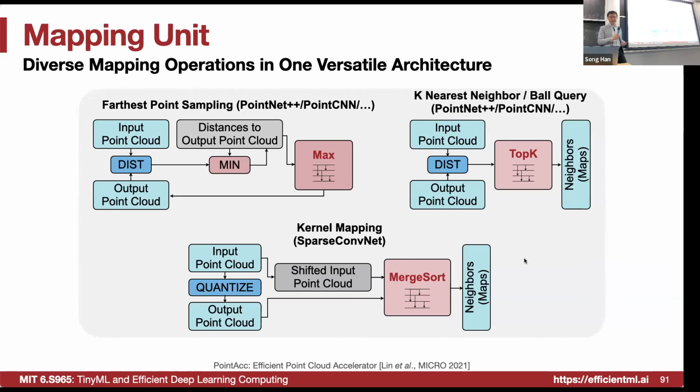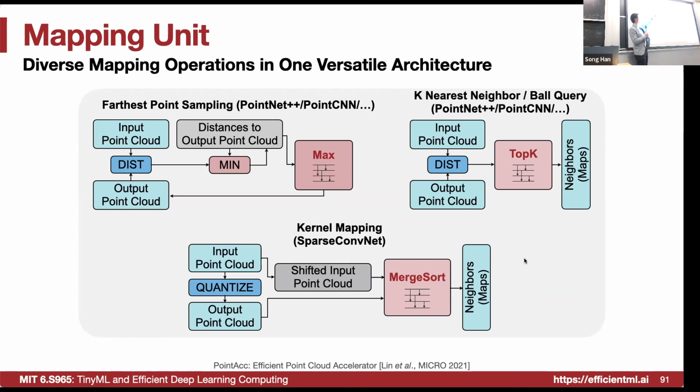So here the key idea is that we want to bring many different methods together, like furthest point sampling when we are trying to do the neighborhood modeling, as in PointNet, since we have to calculate the distance and find the biggest distance.